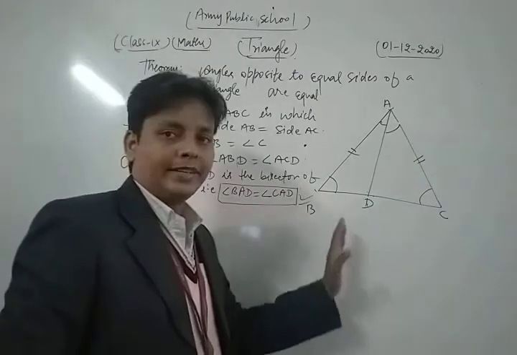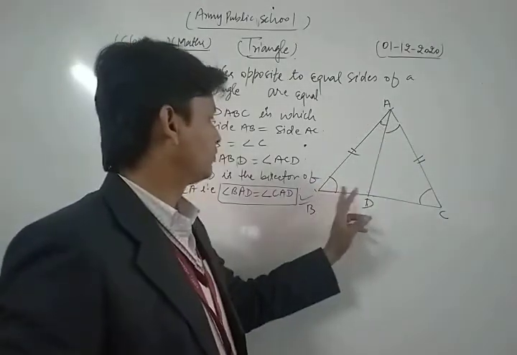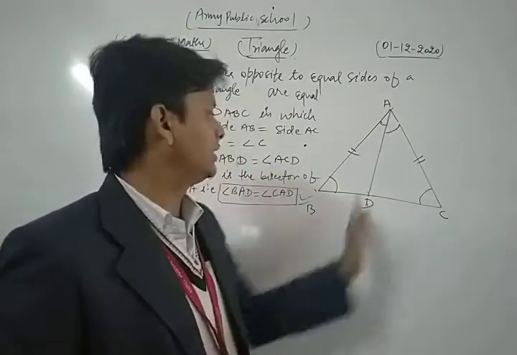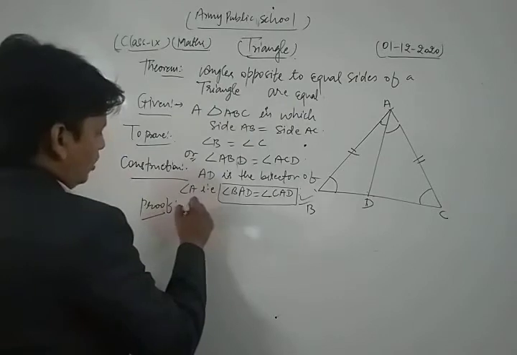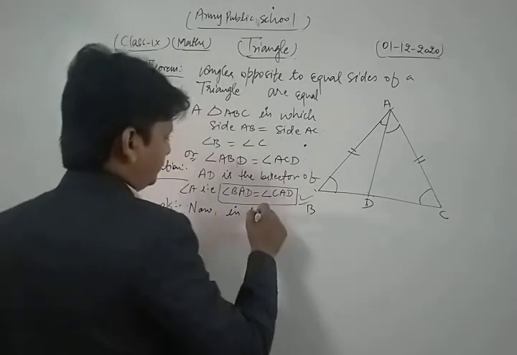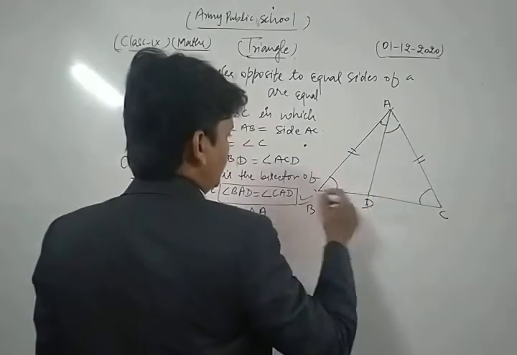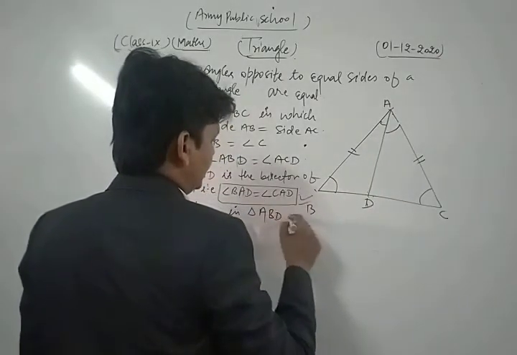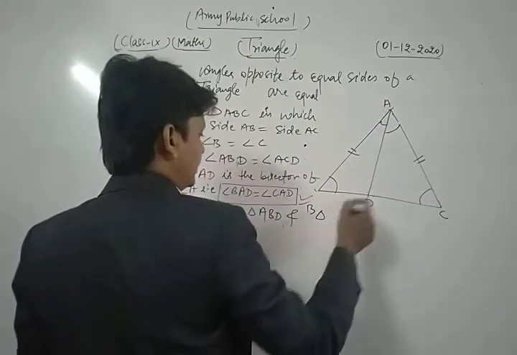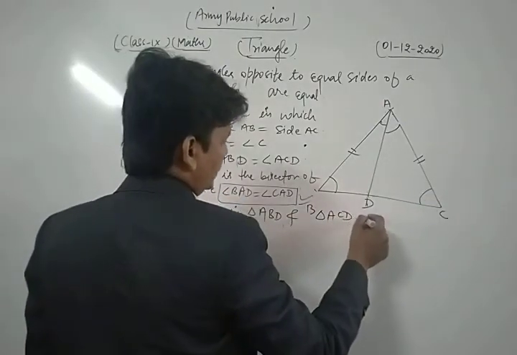Let's see. Now we take triangle ABD and triangle ACD. In triangle ABD and triangle ACD, what do we have?